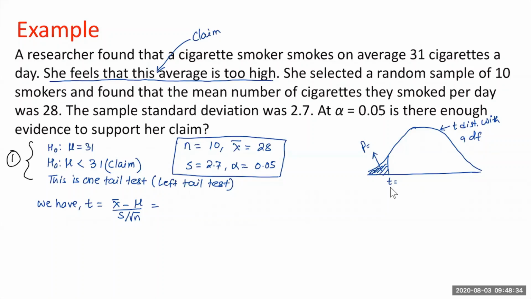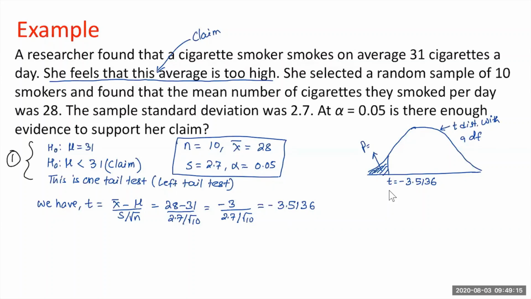So x bar is 28, mu is 31, divided by s is 2.7, divided by square root of 10. 28 minus 31 is negative 3, divided by 2.7 over the square root of 10. If we simplify this using calculator, you should get negative 3.5136. That's your test statistic. So this t which is here is negative 3.5136.